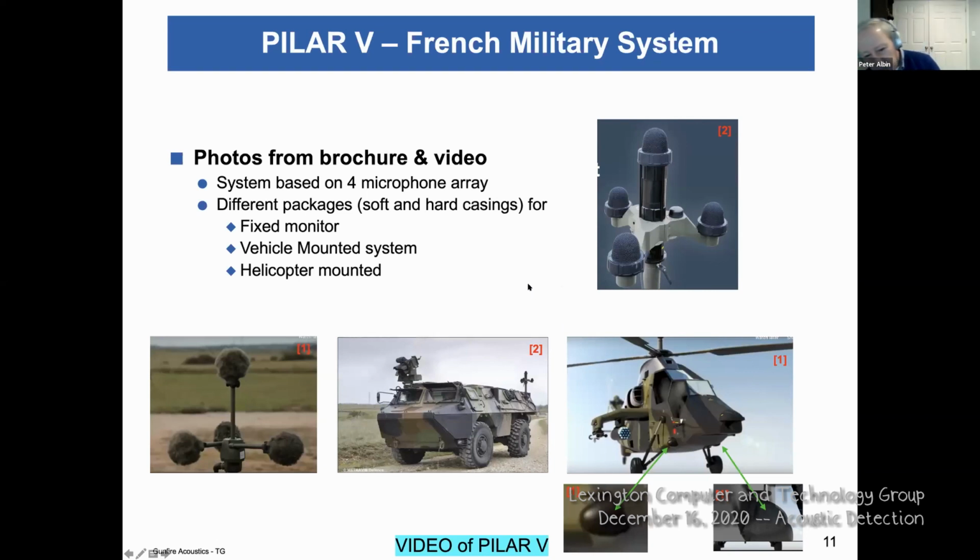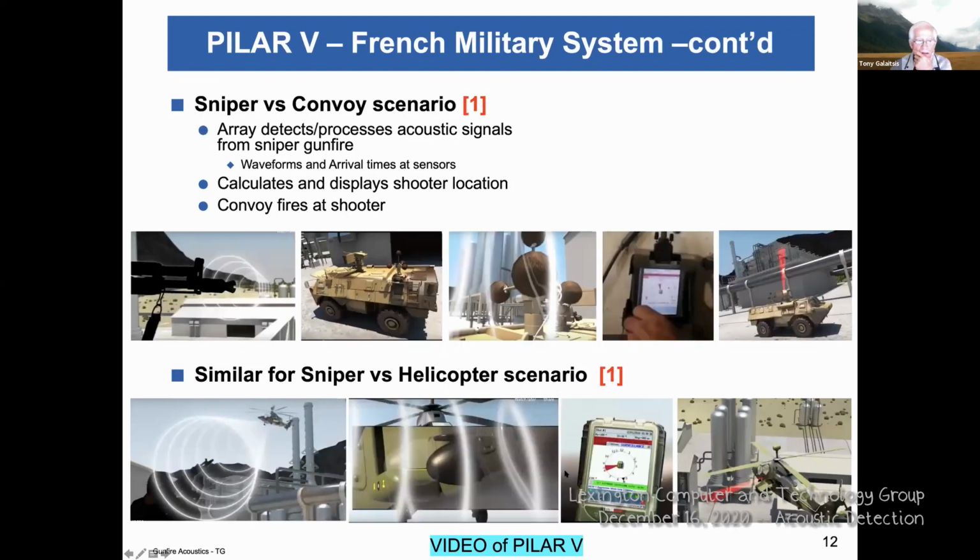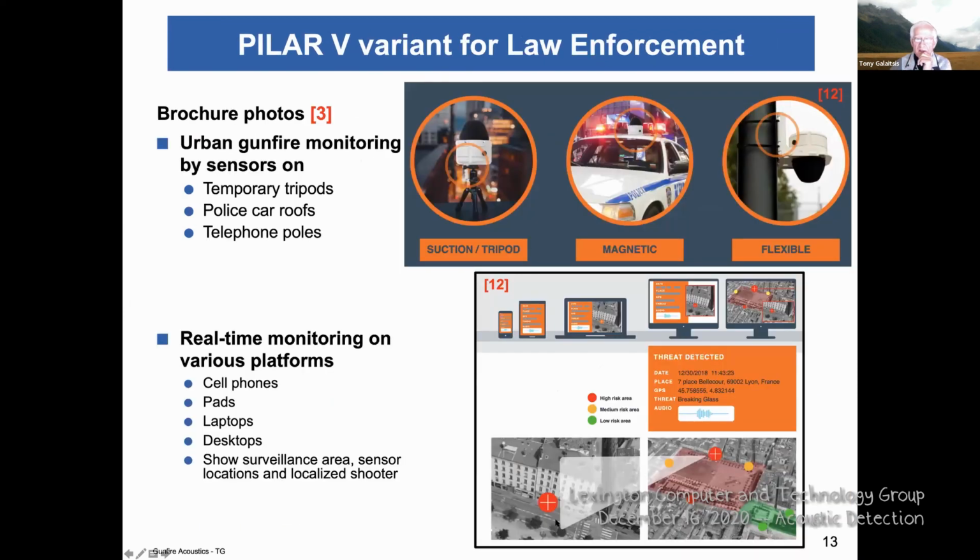Okay, and so essentially, we saw the features on the helicopter as well as the one on the vehicle. And these are the two processes that we went through. One where the sniper fires against the convoy, it was picked up and somebody fired back at him. And here where he fired at the helicopter and was fired back at by the helicopter after being detected.